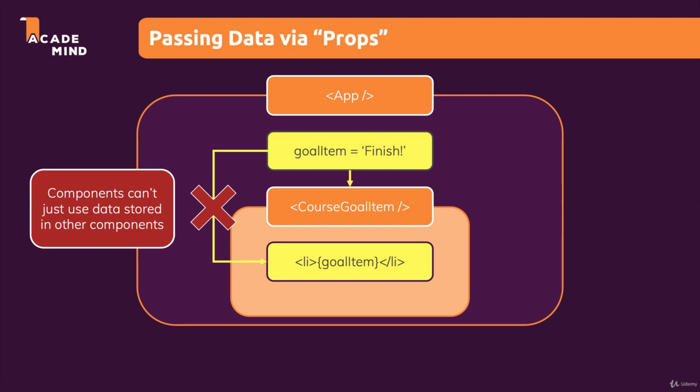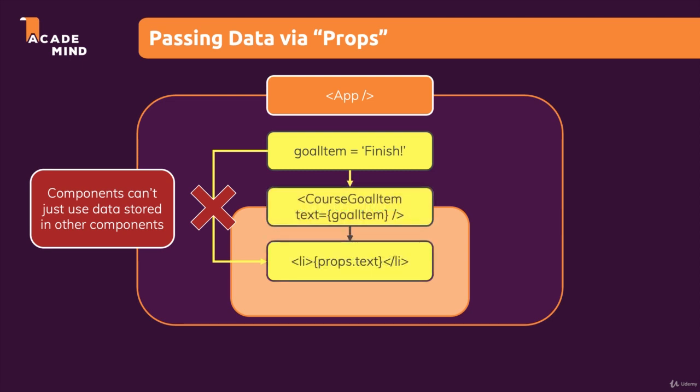We can pass data to the custom component by adding an attribute. And inside of that component, we can then get access to all these attributes which might have been set on our custom component. Again, we're basically building our own custom HTML elements.